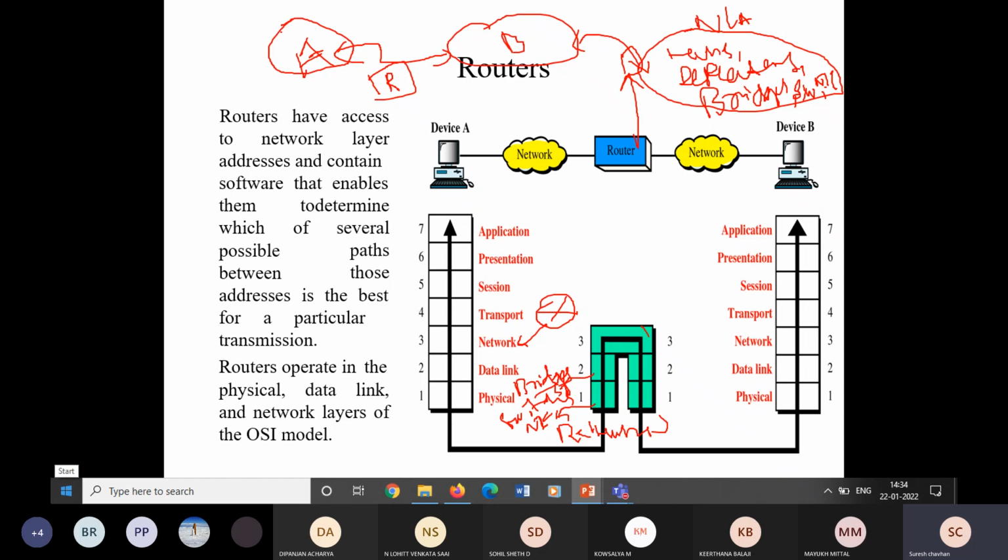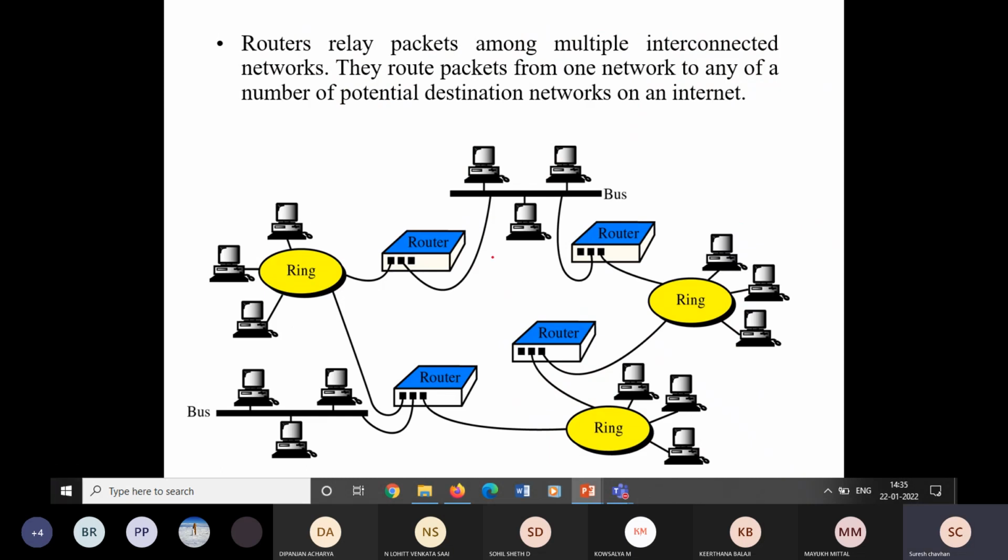We need the router because we need to identify the network, where network B is. So here you can see, this is one kind of network, a ring network, and this is a bus topology. Again a ring, again a ring and a bus.